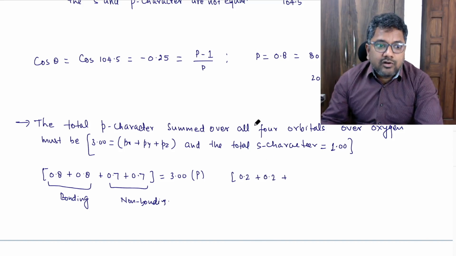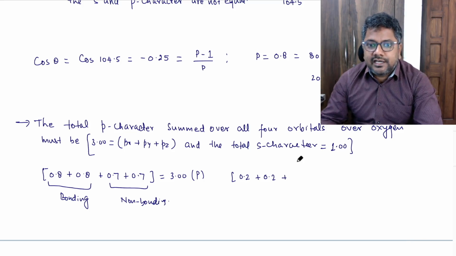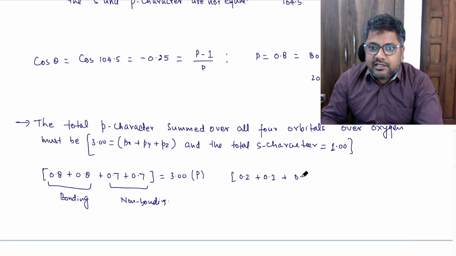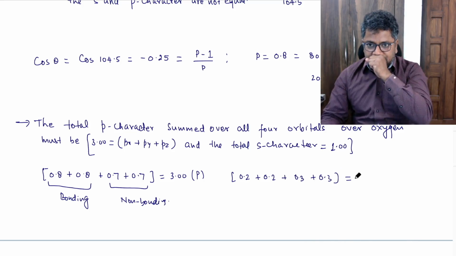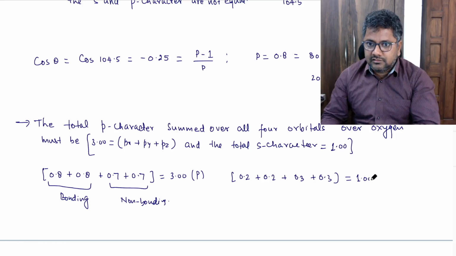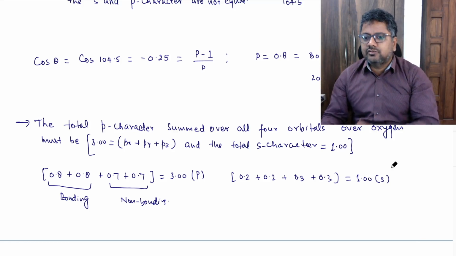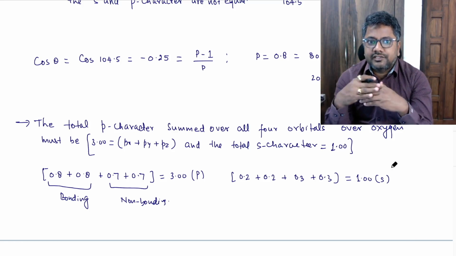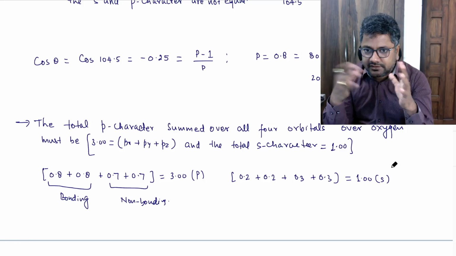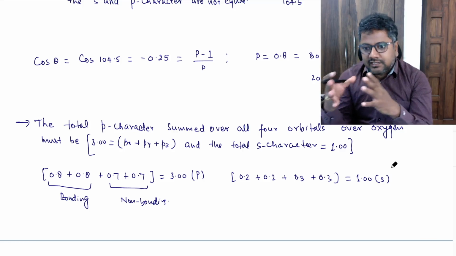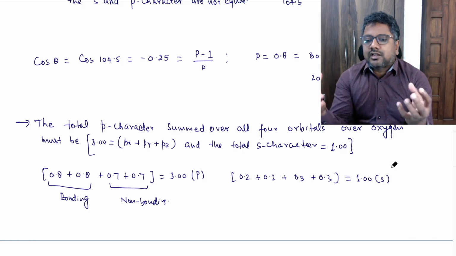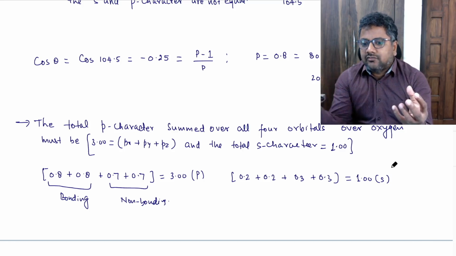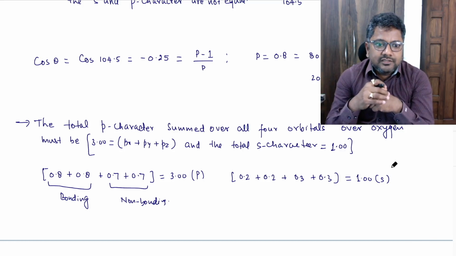In the non-bonding, how much should the S character be? 0.3 plus 0.3. So this is equal to what? 1 total S. Because whatsoever character is increasing or decreasing in this molecule, that must be equal to the original contribution of 3 p orbitals and 1 s orbital. Right?